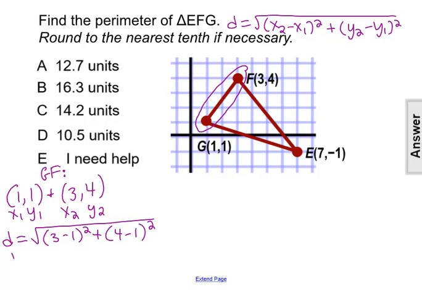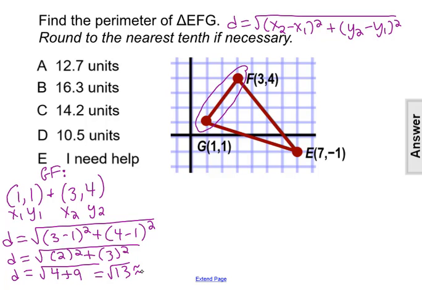So that gives us the square root of 2 squared plus 3 squared, which is the square root of 4 plus 9, which is the square root of 13, which is approximately, if we round to the nearest tenth, 3.6. So the distance between points G and F is 3.6 units, so the length of segment GF is 3.6 units. So that is our first side length we need to add to find the perimeter.